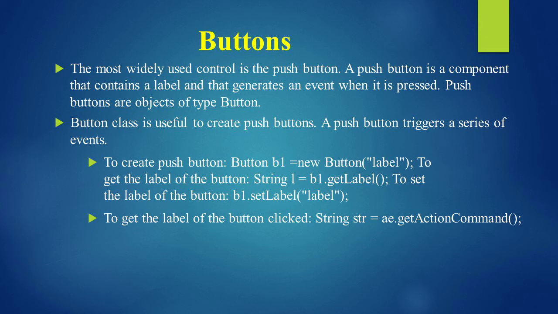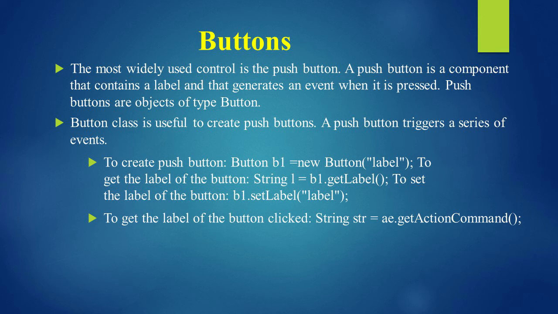To create a push button, we have to create the object by using the class Button: b1 = new Button, and within the brackets the label is enclosed within double quotes. To get the label of the button, we have to call string1 = b1.getLabel().